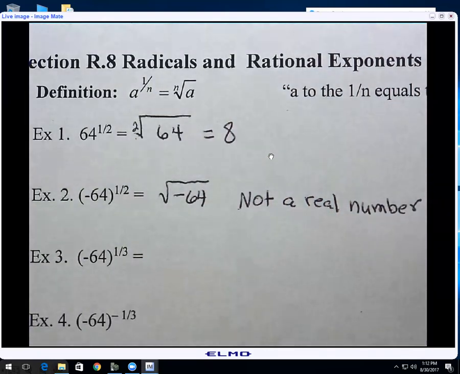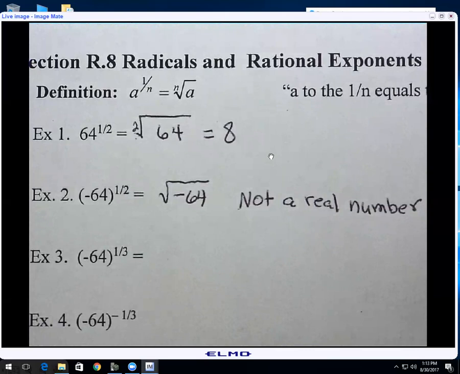Because there isn't a real number that you can multiply times itself and get a negative. You multiply a positive times itself, you get a positive. If you multiply a negative by itself, you get a positive. So there's no real number you multiply by itself and get a negative, and that's why we're going to write not a real number.